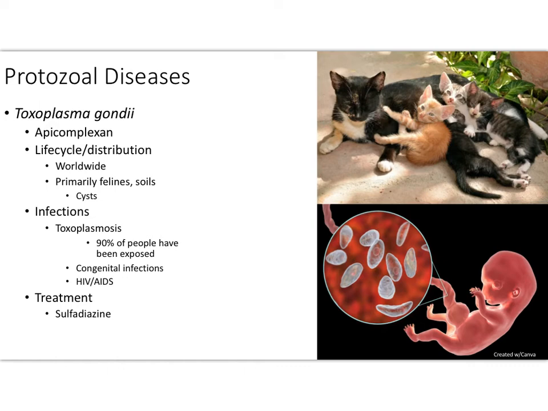If a woman becomes infected with this protozoa for the first time in her life, and she happens to be pregnant at the same time, this protozoa will cross the placenta into the developing fetus and can lead to all kinds of problems. It can lead to things like cognitive delays, it can lead to stunted growth, it can lead to even things like cardiac problems in the fetus. So there's a lot of potential problems with getting infected with this for the first time if you or someone you know happens to be pregnant.